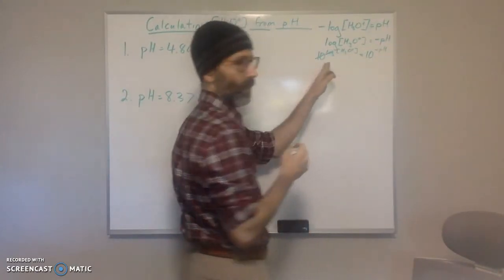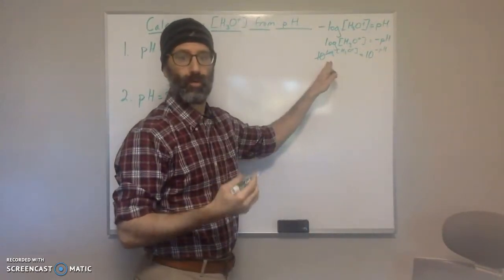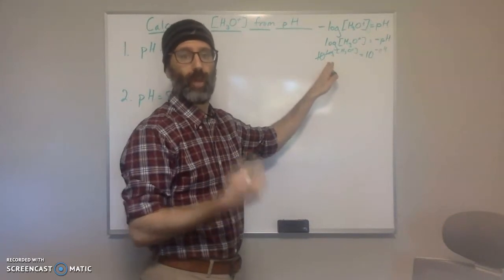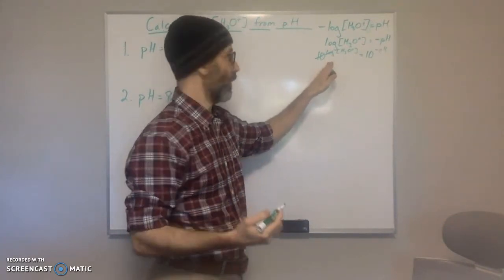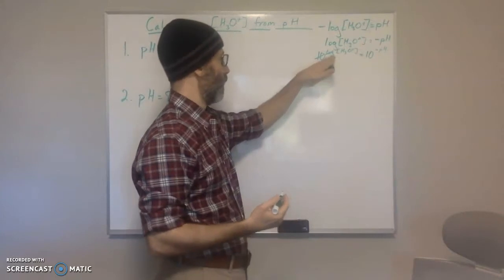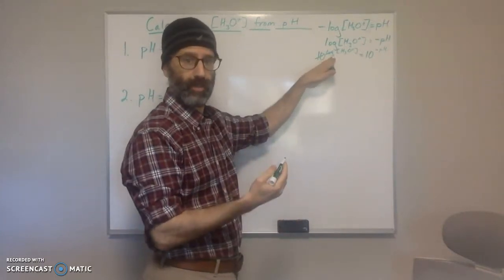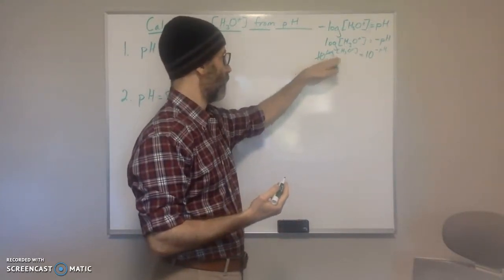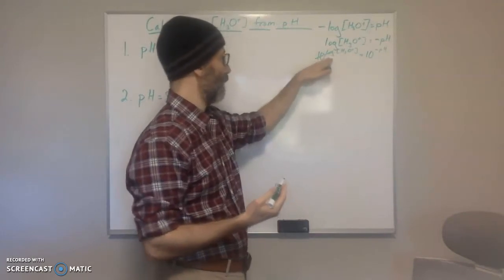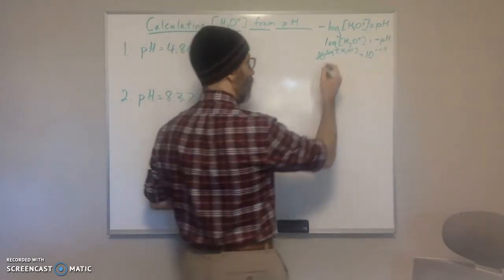It's kind of like taking the square root of a square, right? The square root undoes the square. So raising log, which is base 10, to a power of 10 undoes this.